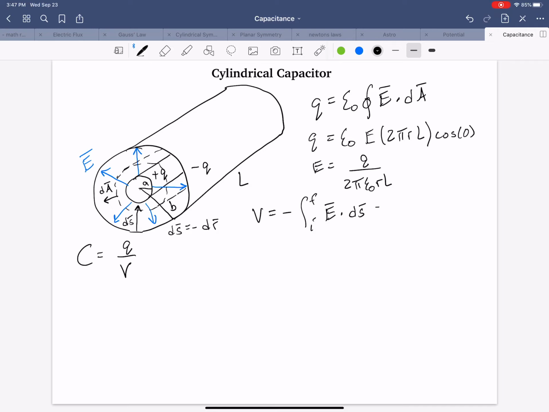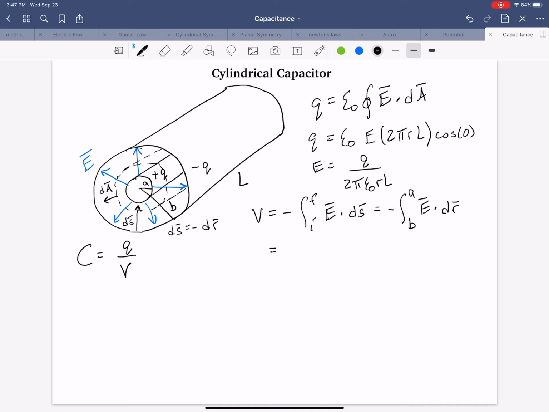So let's change this now to a negative integral from, well, let's just write this as from B to A of E dot dr. So now we're changing our general path length from S to R, because R is the only direction that we're traveling in this path, the radial direction.